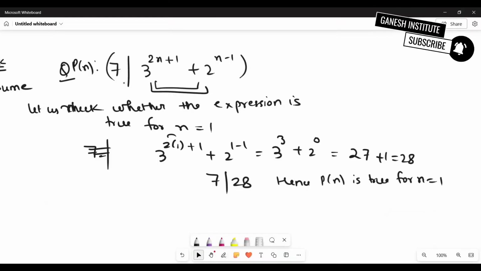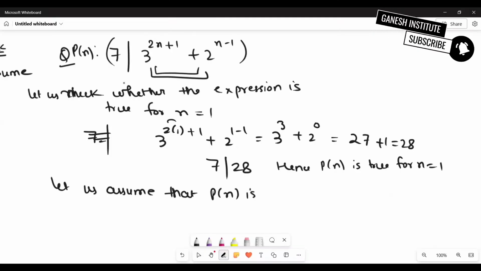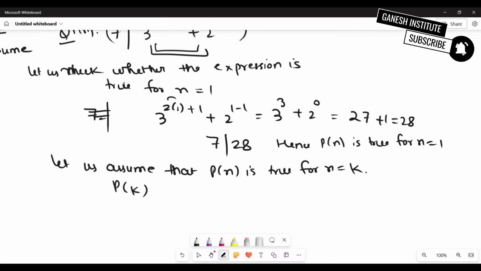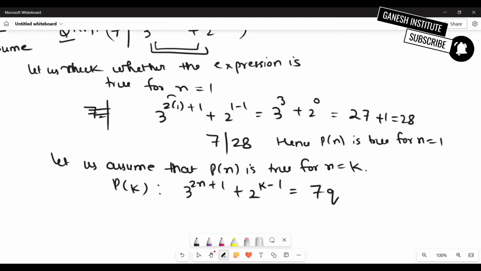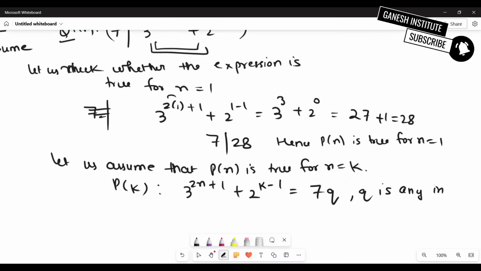And then you will assume, in step 2, that Pn is true for n equal to k. So if it is true, that means if you substitute k in place of n, it will give you 7q, some multiple of 7, where q can be any integer, right?